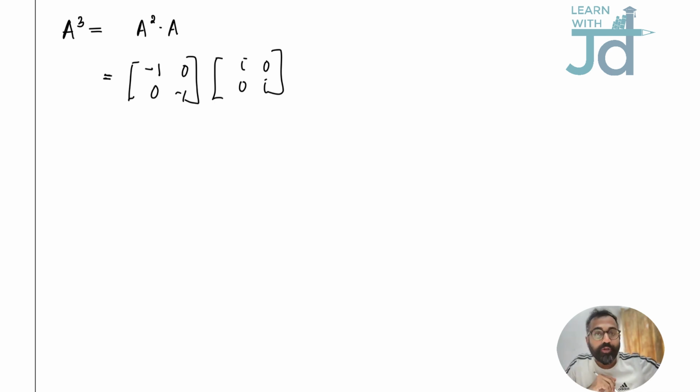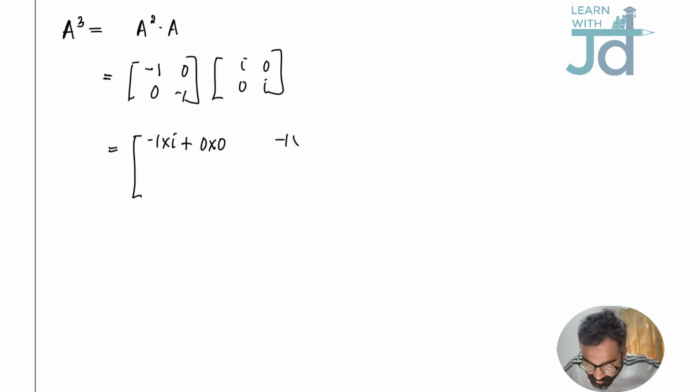So again you will have to do multiplication. So -1 into i plus 0 into 0. Then -1 into 0 plus 0 into i. That is, I have multiplied this and I got this element. I have multiplied this and I've got this element.